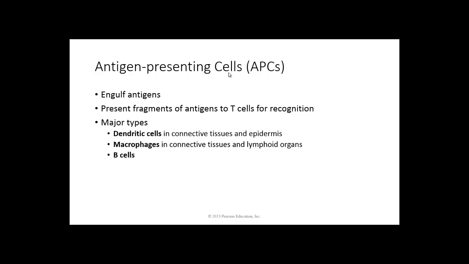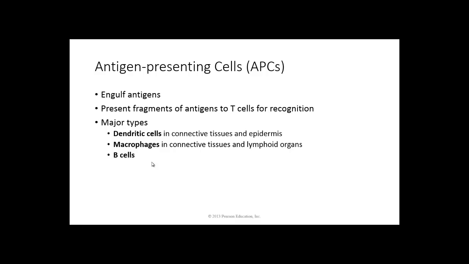There are three types of antigen-presenting cells. They're called dendritic cells, macrophages, and B cells. They all act as antigen-presenting cells. They will take the antigen, bring it in by phagocytosis, and then present fragments of those antigens on the surface where they can be recognized again by other cells of the immune system.